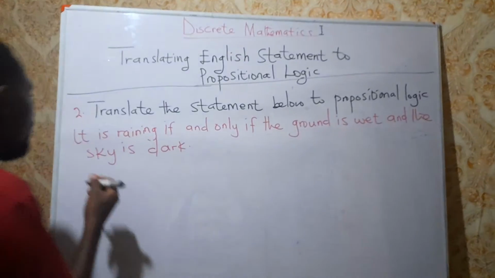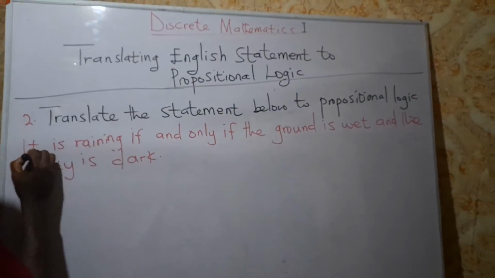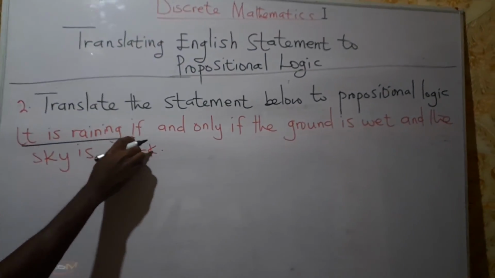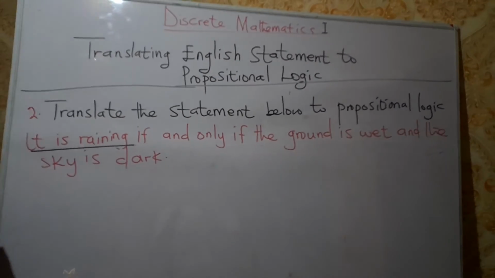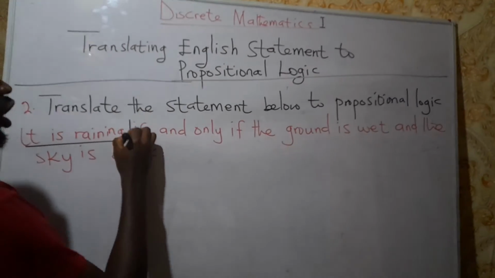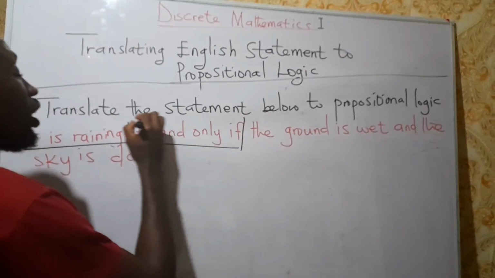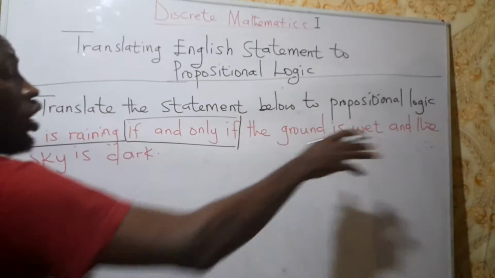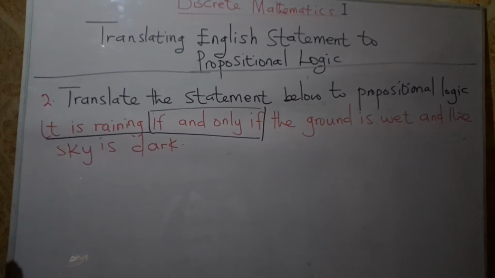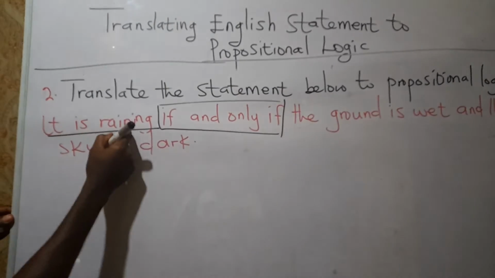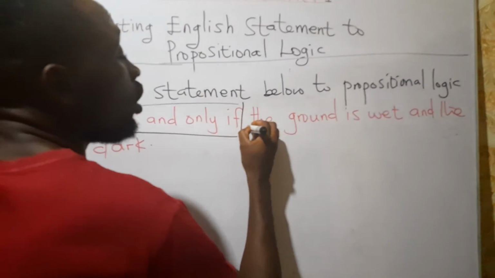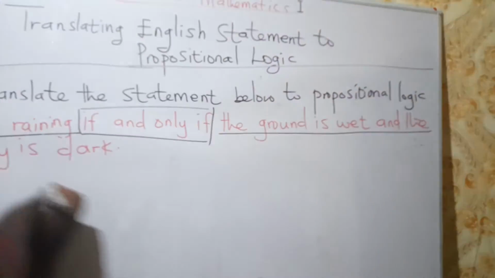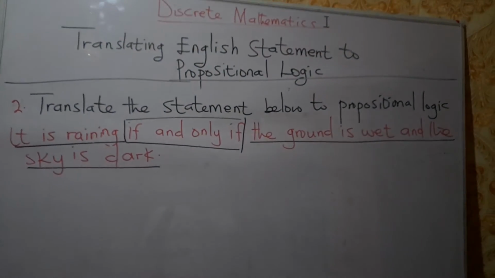So we can say that it is raining is the hypothesis. Then if and only if, remember that this becomes a biconditional. Then the rest becomes the conclusion.